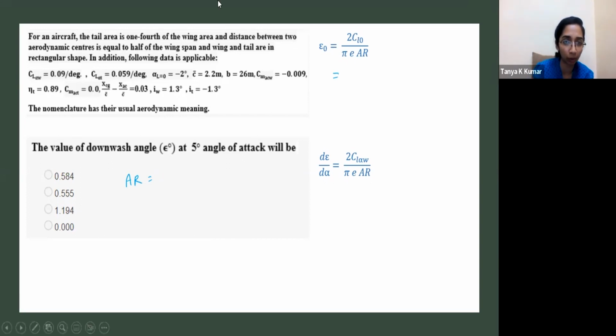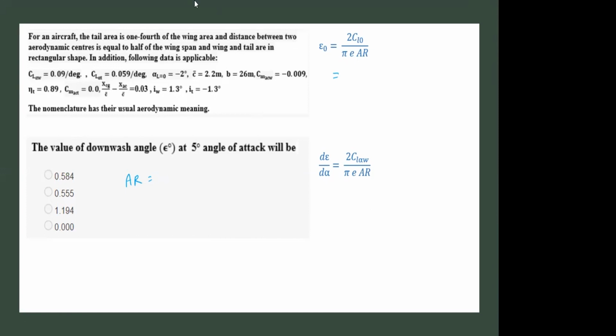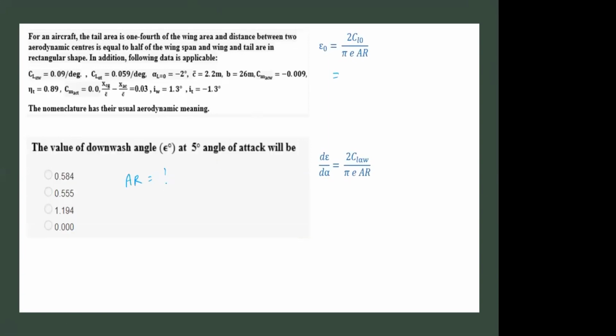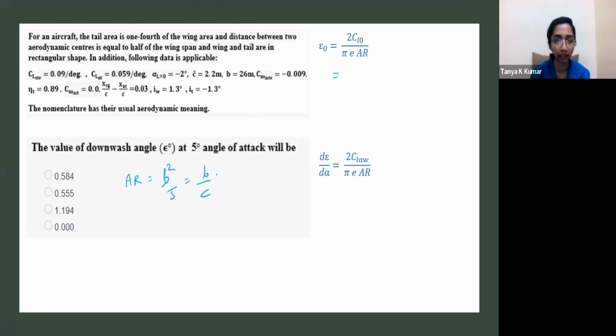Here we need to find out aspect ratio. For a rectangular case, you can take it as b divided by c bar. Actually b square by S is the formula, but b by c bar you can take in this case. b here is 26 and c is 2.2.